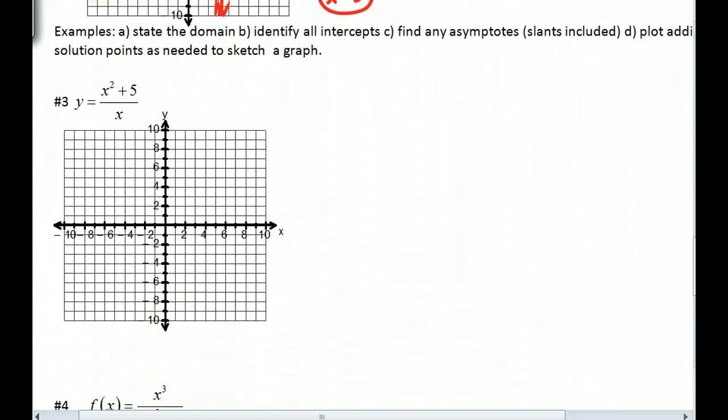Now the next couple, now look at the degrees. The degree of the numerator is 2. What's the degree of the denominator? 1. So the degree of the numerator is 1 greater than the denominator. When you see this, you should say to yourself, we have a slant asymptote.